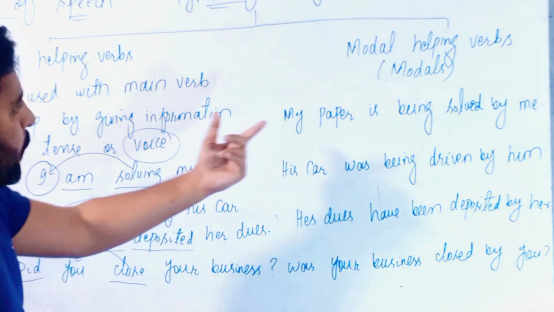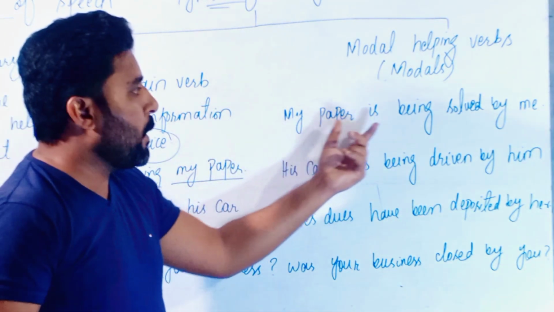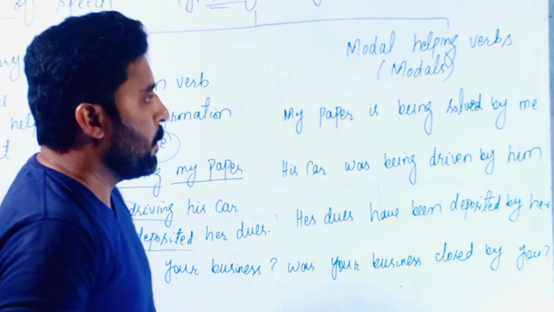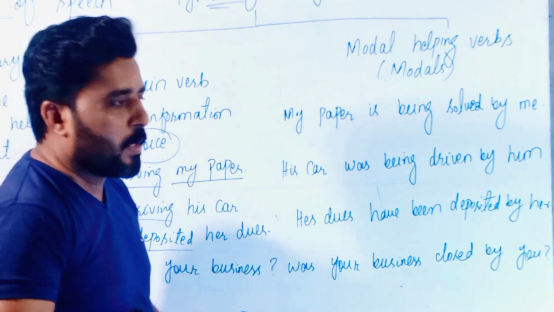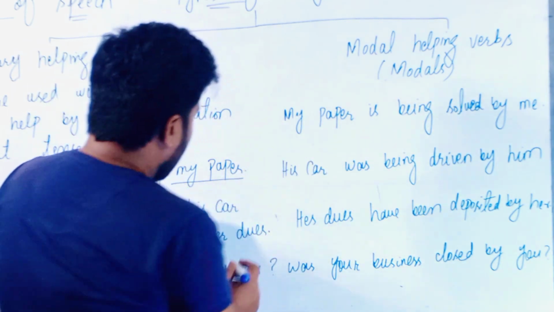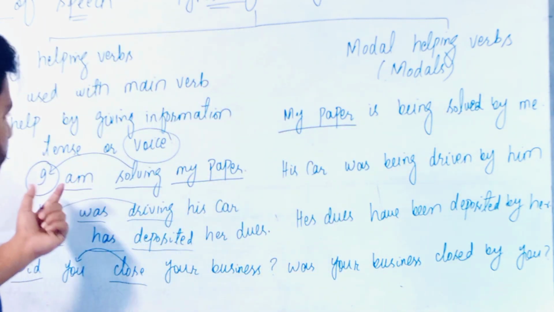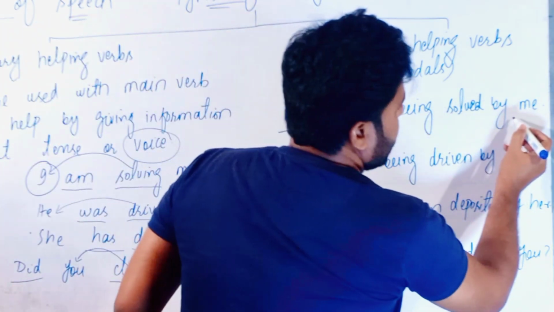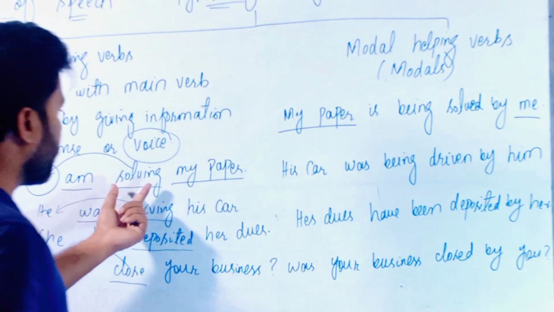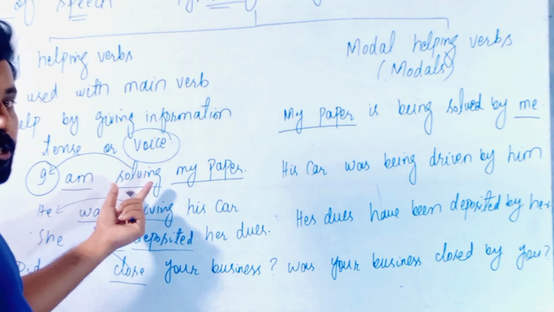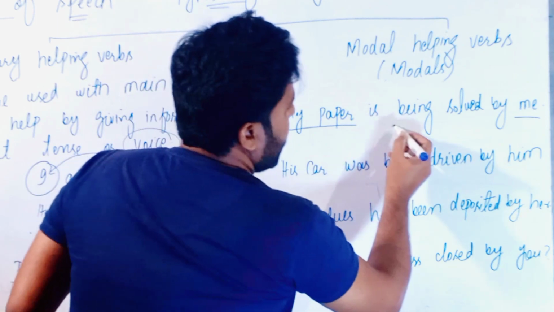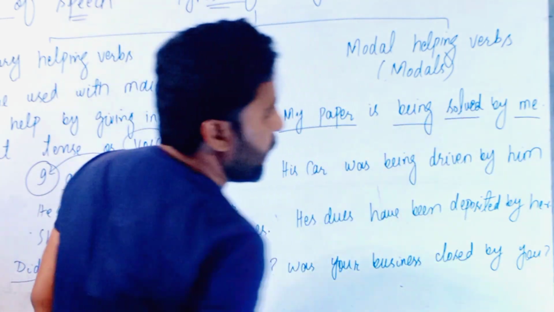So अगर हम इस sentence को passive voice में लिखते हैं, My paper is being solved by me. अब हमने कौन सी मॉडिफिकेशंस की हैं कि आपने एक्टिव वॉइस के ऑब्जेक्ट को सब्जेक्ट बना दिया और एक्टिव वॉइस के सब्जेक्ट को आप एंड में लेके चले गए. उसके बाद आपने जो प्रेजेंट पार्टिसिपल फॉर्म है उसको बीइंग लगा के पास्ट पार्टिसिपल बना दिया.